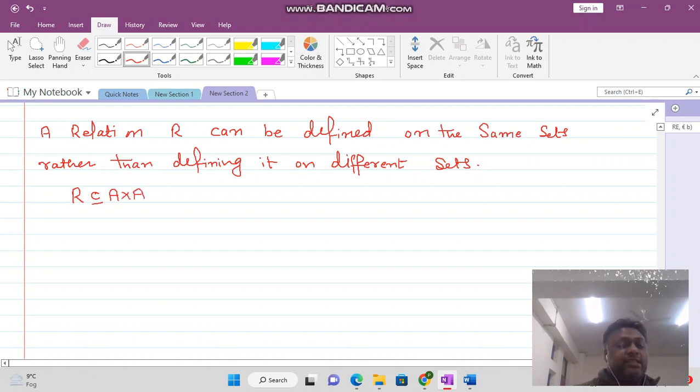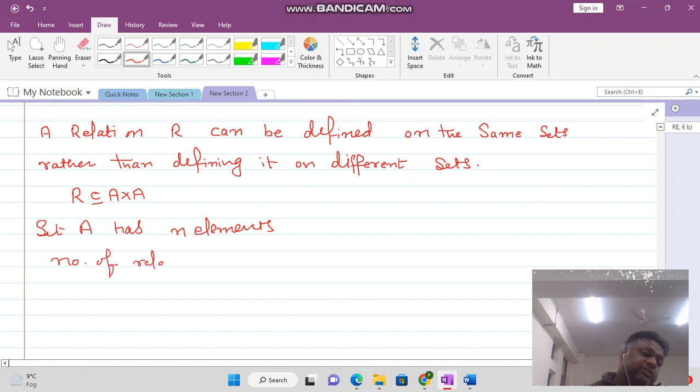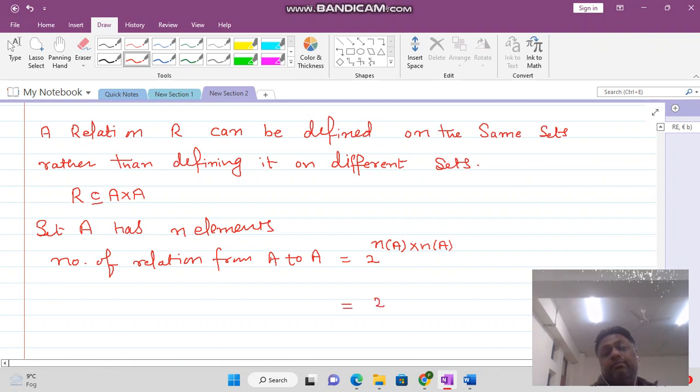In this case, suppose that a set A has n elements, then the number of relations from A to A is equal to 2 raised to the power of the number of elements in A times the number of elements in A. The number of elements in A is n, so it is equal to 2 raised to the power n square.